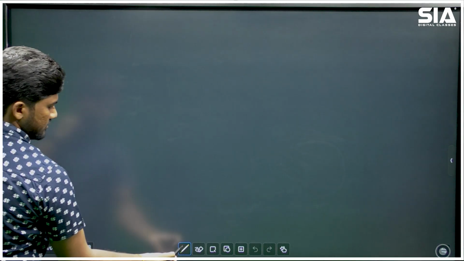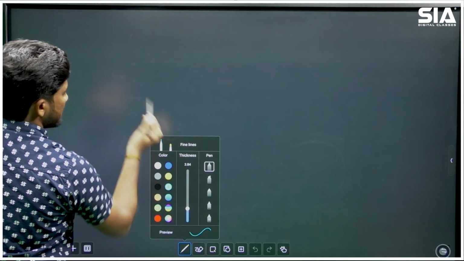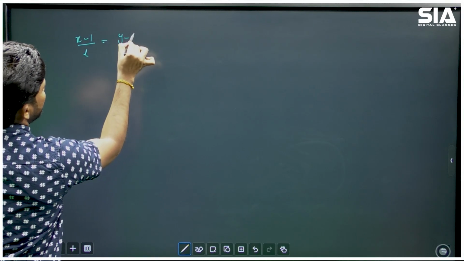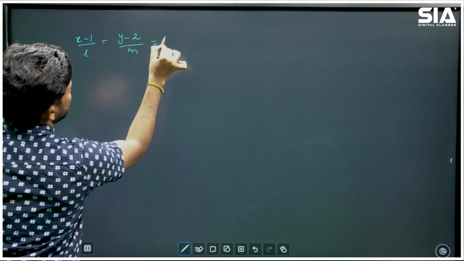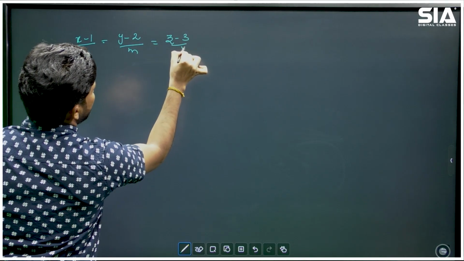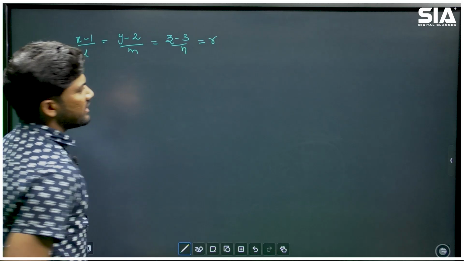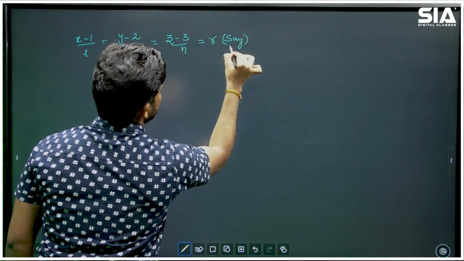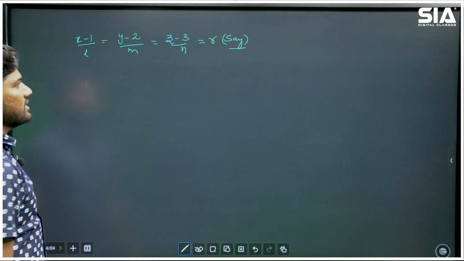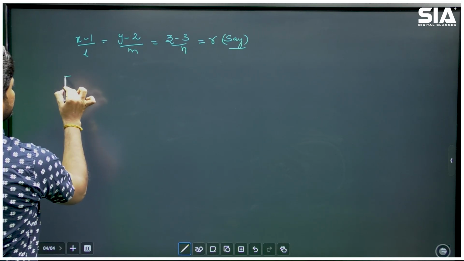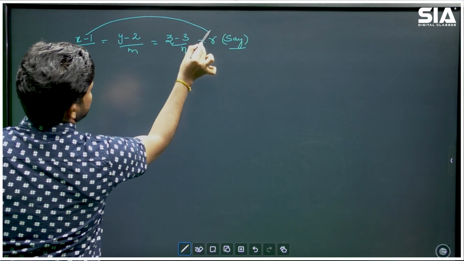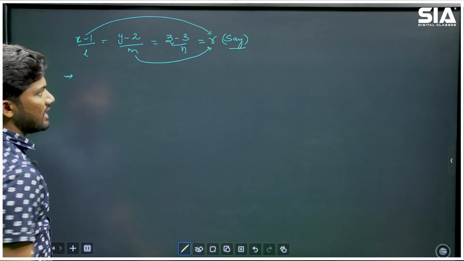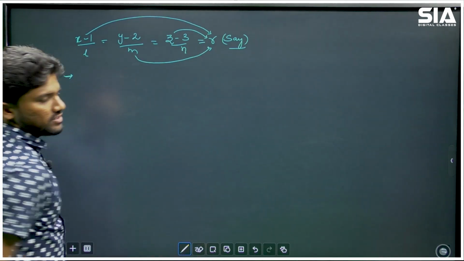That implies (x minus 1)/l = (y minus 2)/m = (z minus 3)/n. We take this total as small r, where r is any constant. Now from this condition, equate the first value to r, the second value also to r, and the third value also to r.